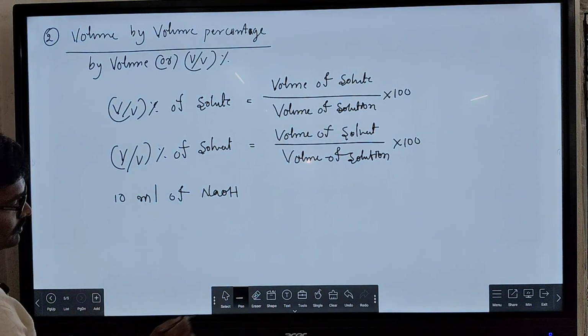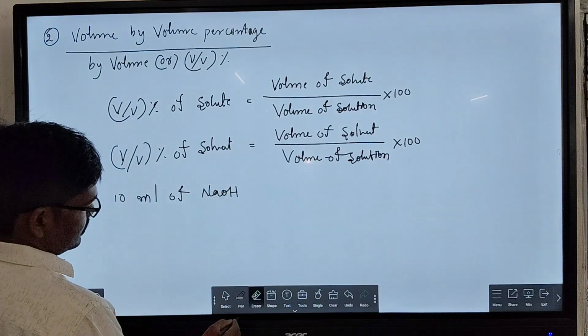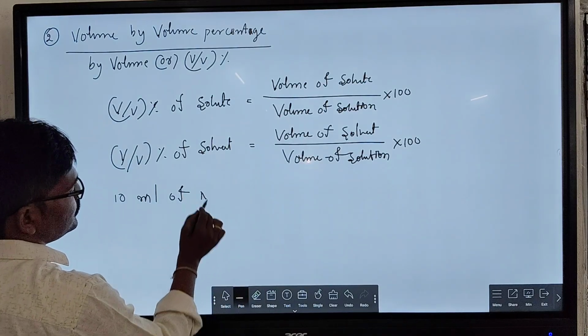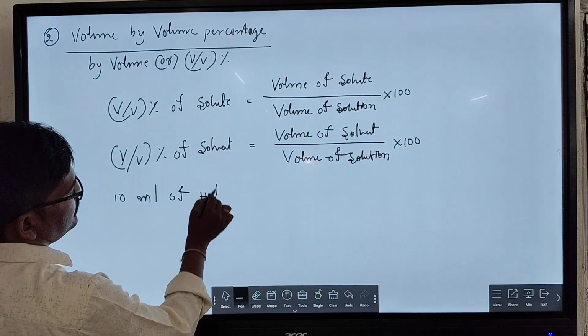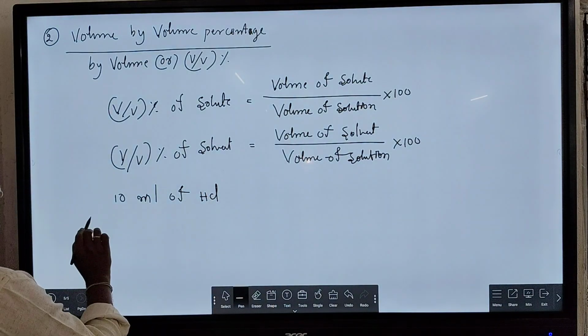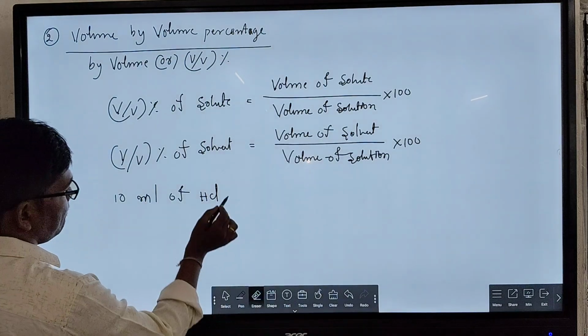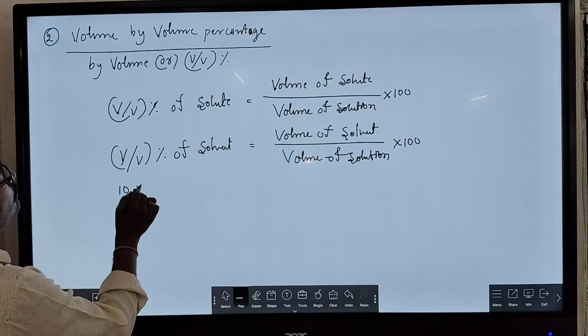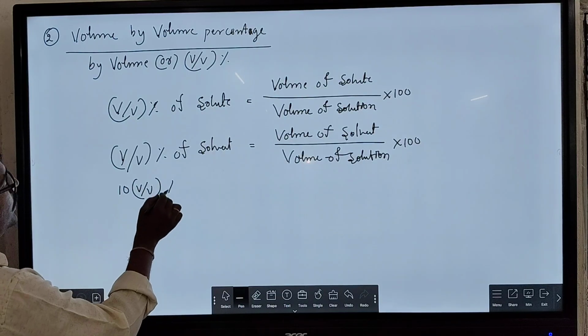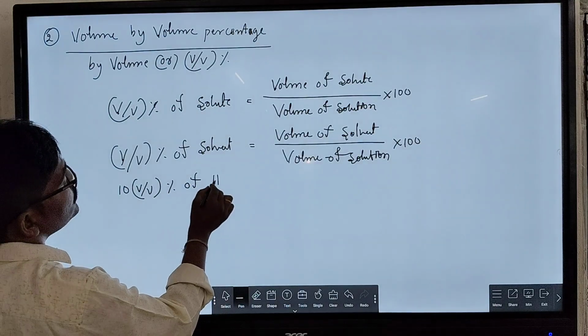So now, 10 ml of HCl will be there in case. 10 volume by volume percentage of HCl will be there.